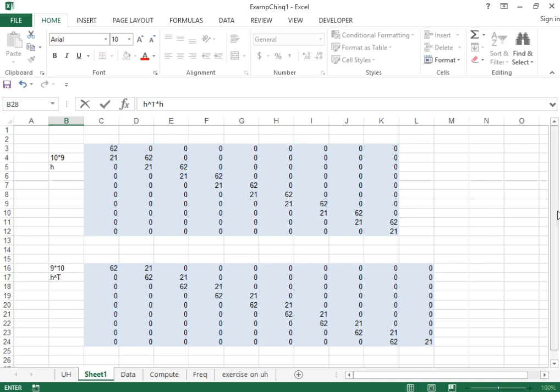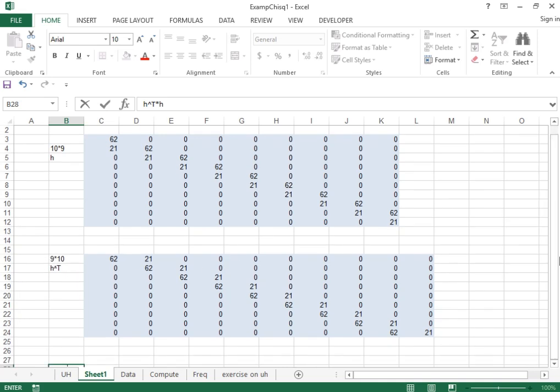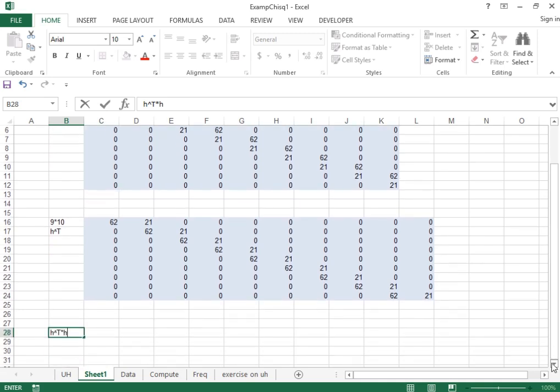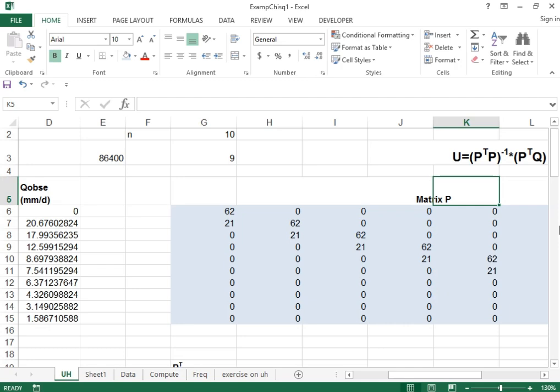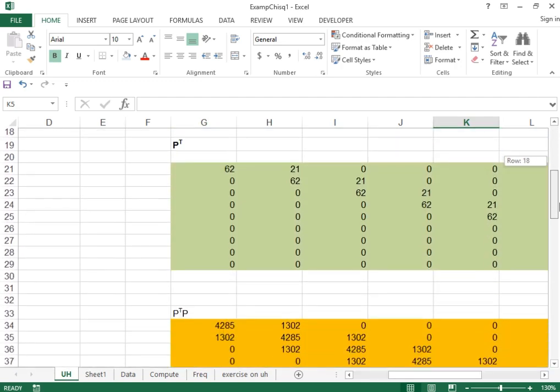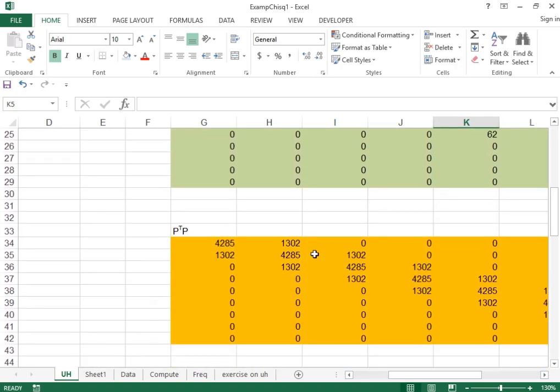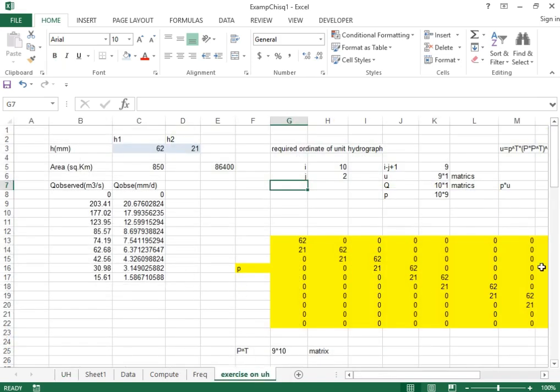Let us see the size of the matrix after we multiply. Let me show you here.